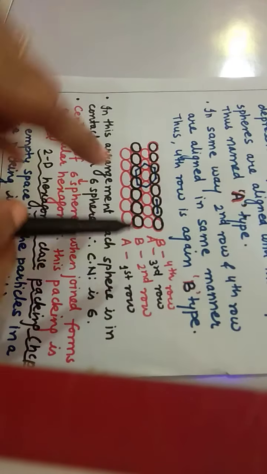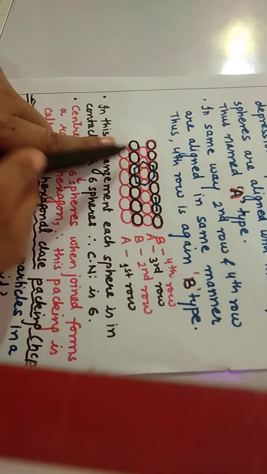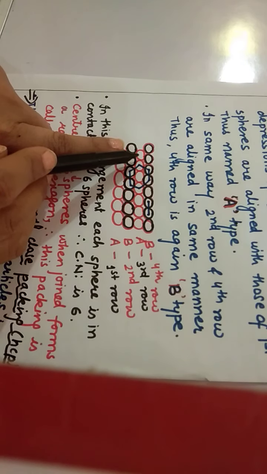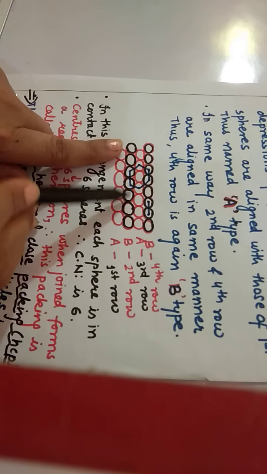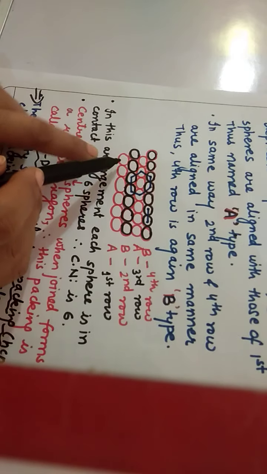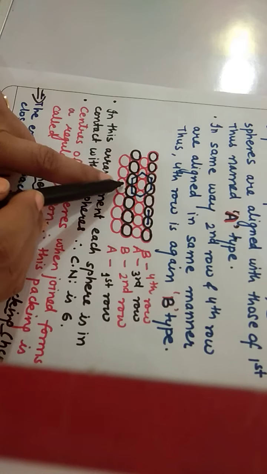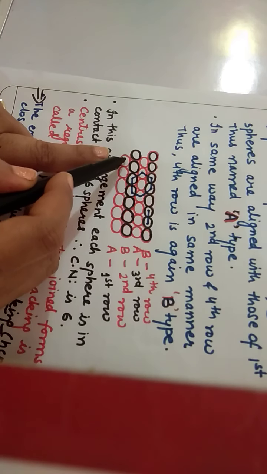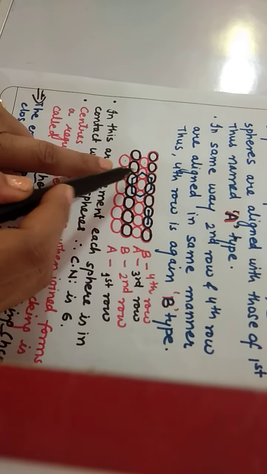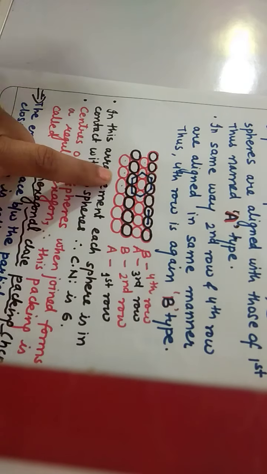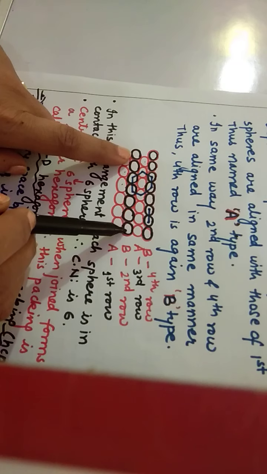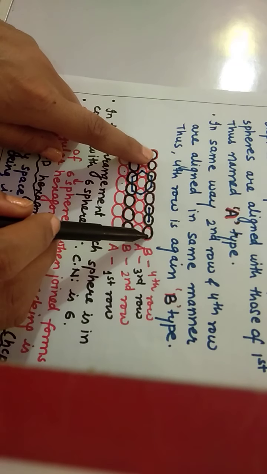Again, this is the second row, and the third row is arranged over the depressions of the second row. As you can see, the first row and third row have the same arrangement, and this is exactly over this, this is exactly over this. In the same way, the second row has the same arrangement as the fourth row.